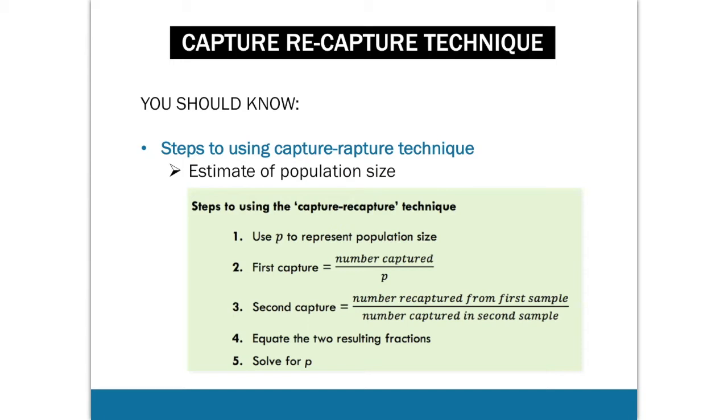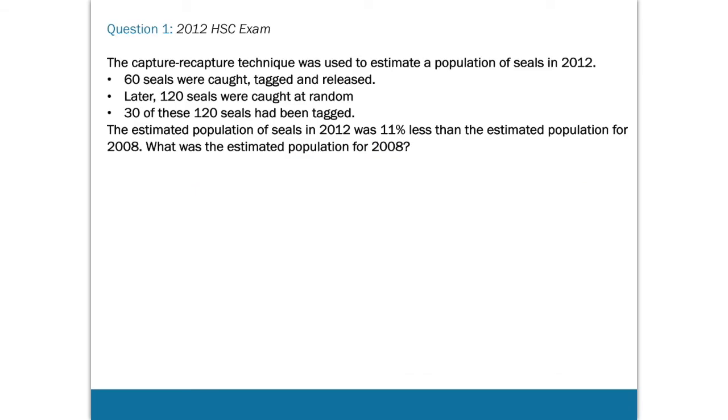So let's move on to a question that uses this formula. Okay, so the first question is, the capture-recapture technique was used to estimate a population of seals in 2012. Okay, so we're using capture-recapture, and it was used to estimate population size of seals in 2012. 60 seals were caught, tagged, and released.